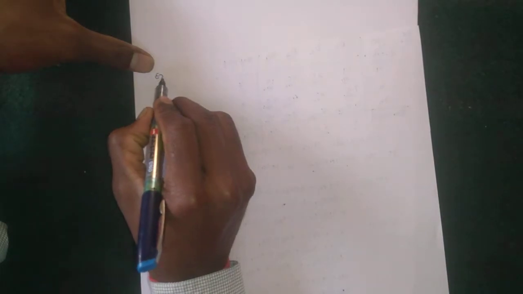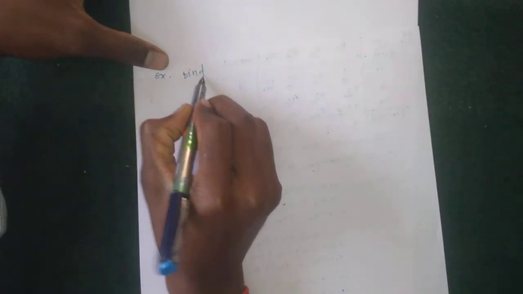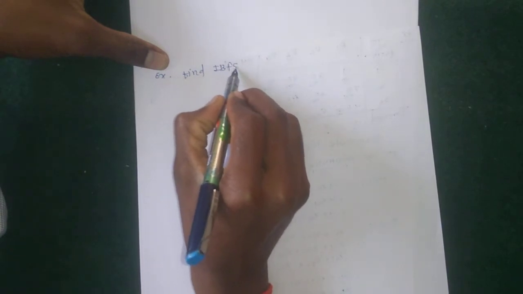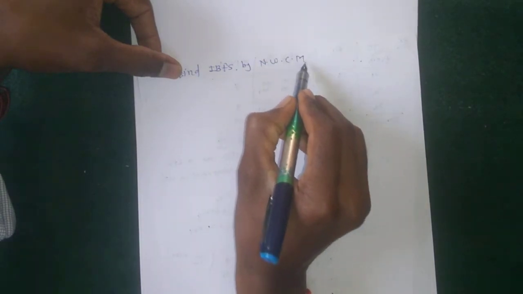Next, we have to see the northwest corner method. We have to find the feasible solution. Example: find the initial basic feasible solution by the northwest corner method, NWCM.